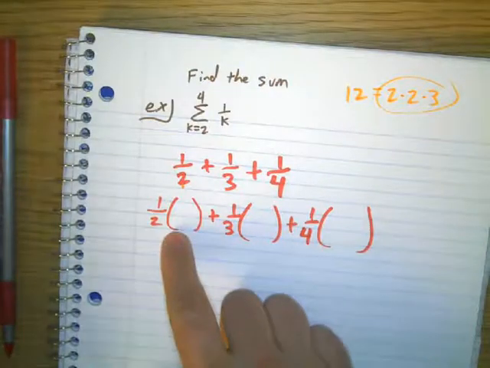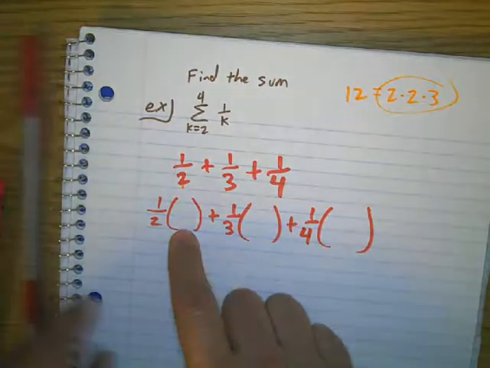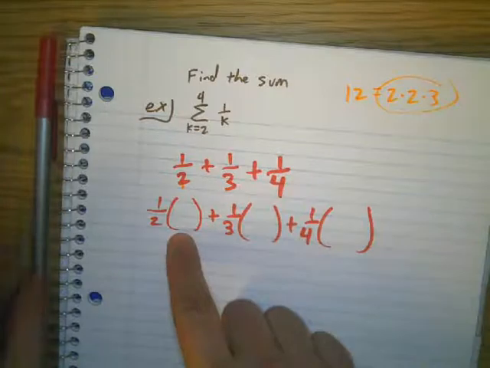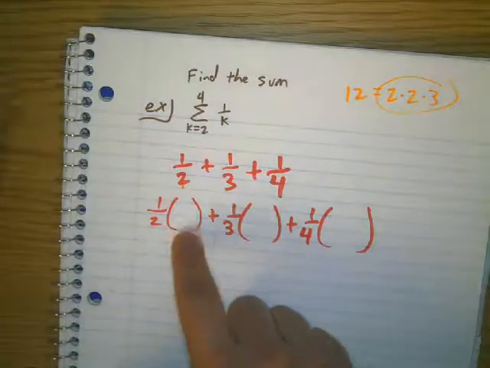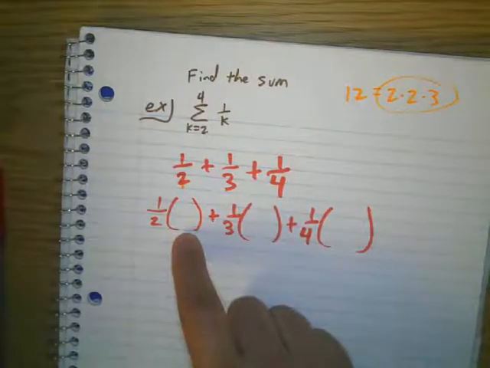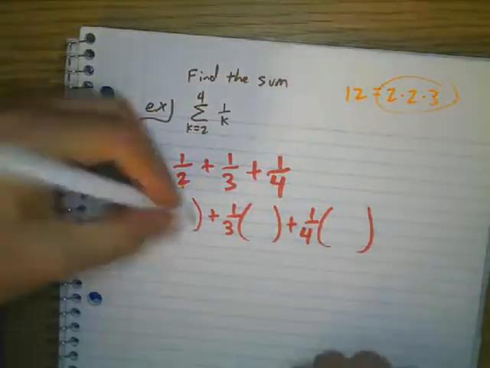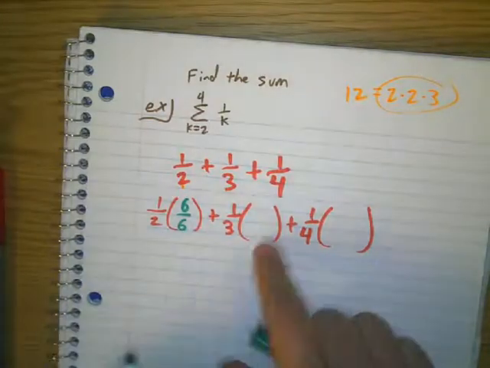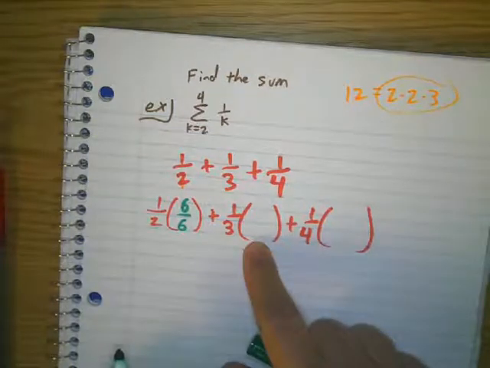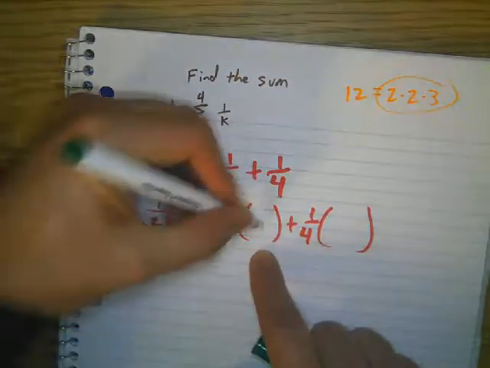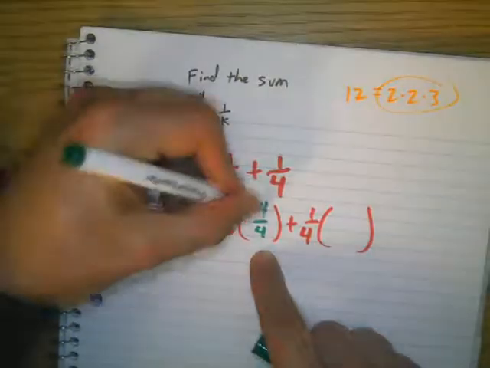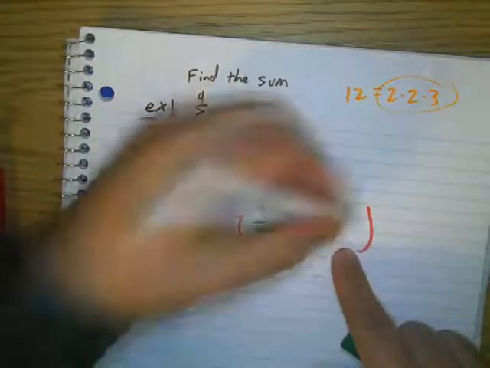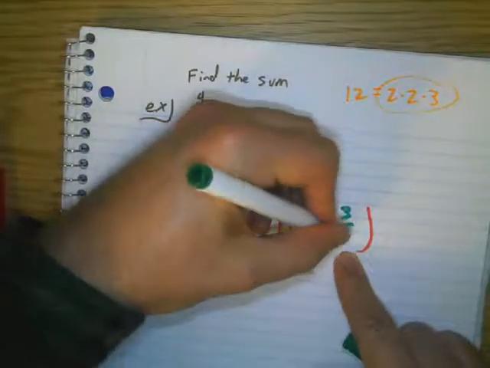So to get this to have a denominator of 12, I'm going to have to multiply top and bottom by 6, right? And then for this to have a common denominator, I have to multiply top and bottom by 4. And for this, I'm going to have to multiply top and bottom by 3.